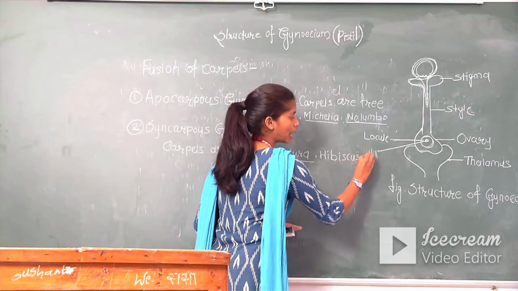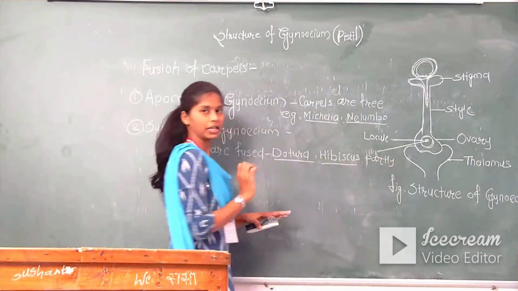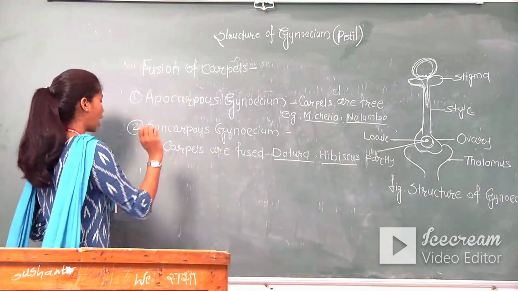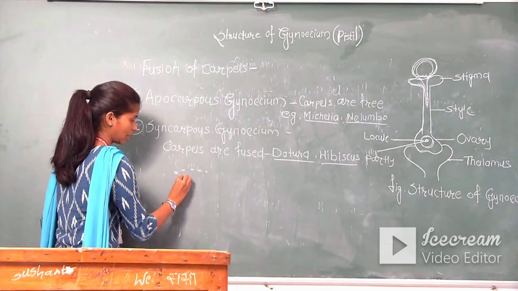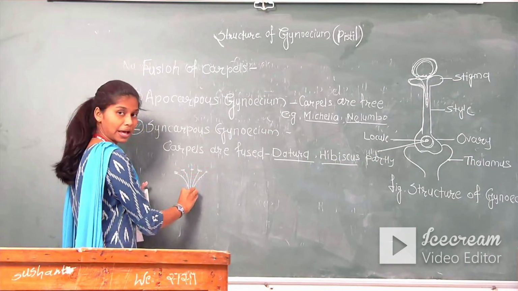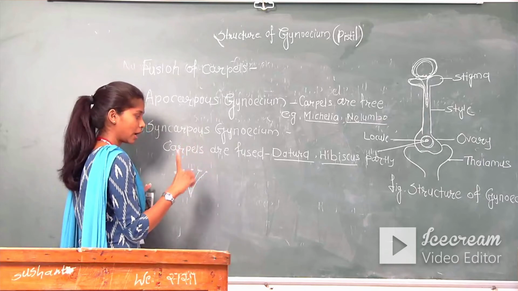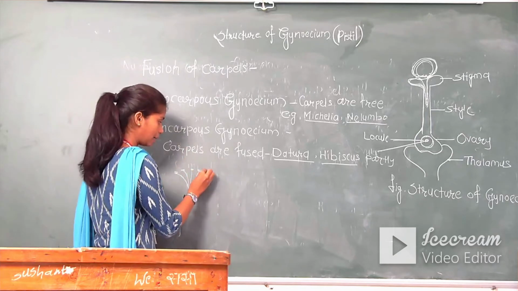Hibiscus is partly fused. That means, in case of hibiscus, you all have seen that there are 5 carpels present, and these carpels are fused, but partially, or you can say hibiscus gynoecium is fused partly. Why partly?